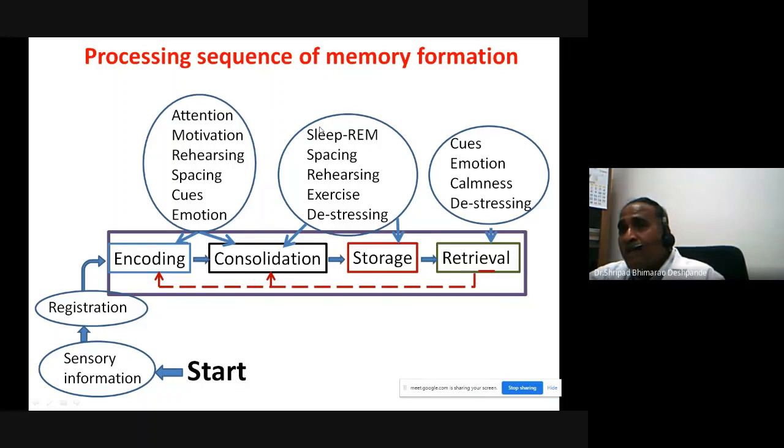Now I have one more thing here, the sleep. Normal sleep is important for memory consolidation and memory storage. The normal sleep, especially the REM, rapid eye movement sleep, is essential for consolidating newly learned areas. So sleep is also important for normal consolidation and storage of memory.